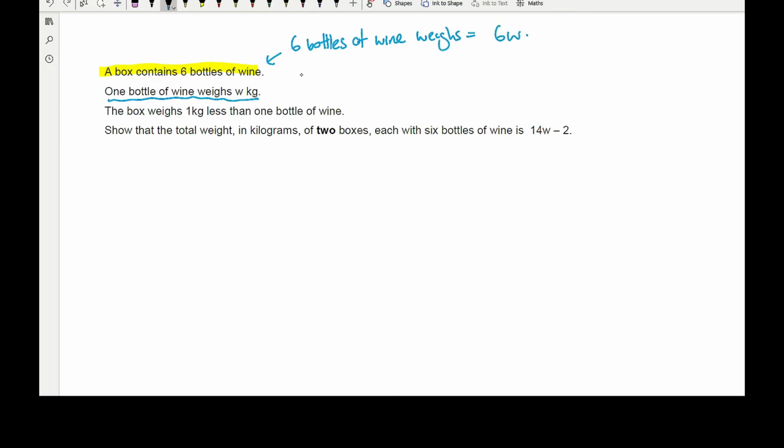Now, the box, it says, weighs 1 kilogram less than a bottle of wine. So for example, if a wine weighs, let's say, 3 kilograms, then a box will weigh 2 kilograms. If the bottle of wine weighs 5 kilograms, then the box will weigh 4 kilograms.